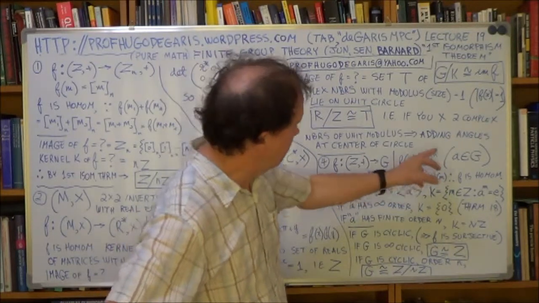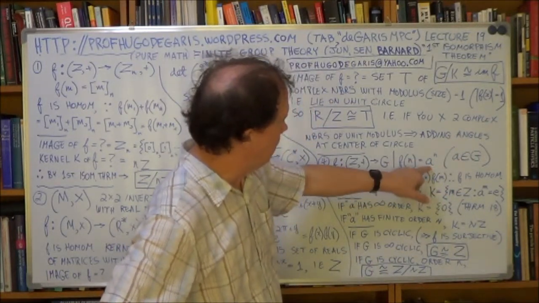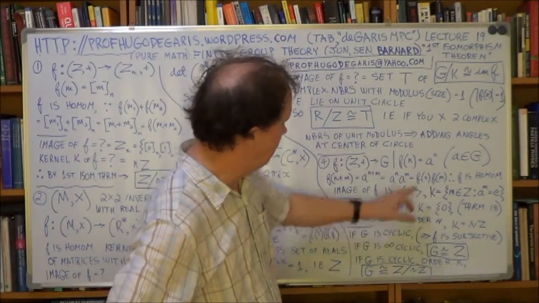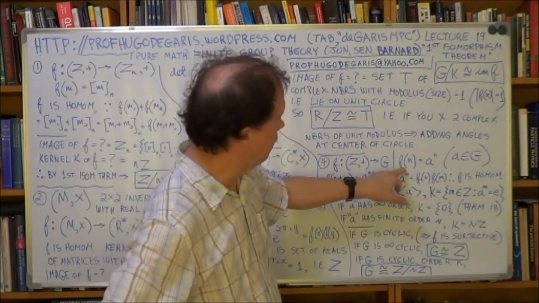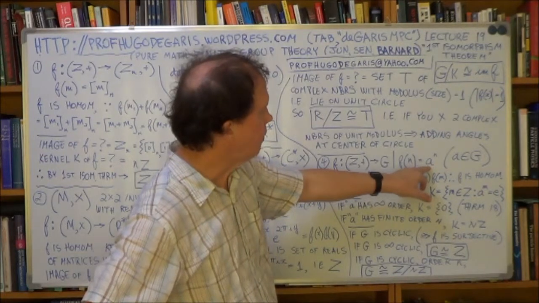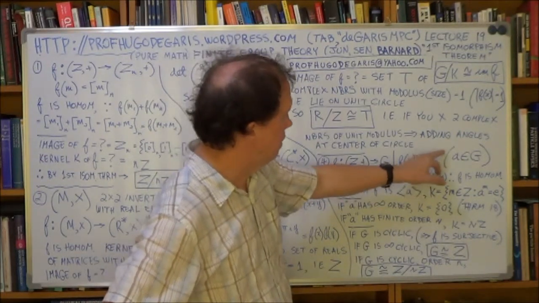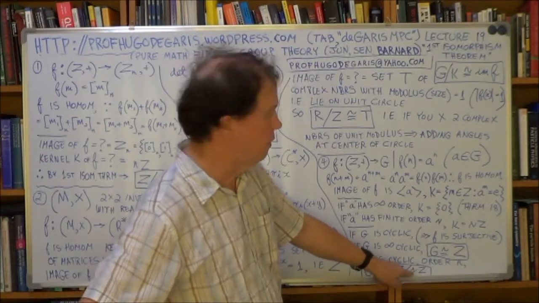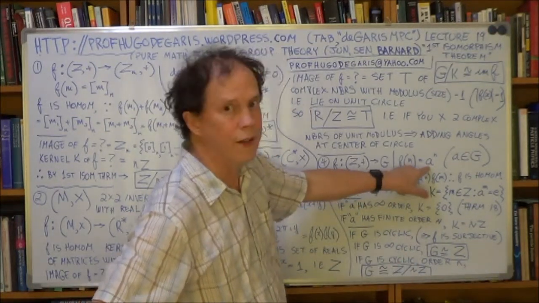Well, assuming this is a generator, then every possible value you can get of f will be of this form. And this can only take on big N different values, right?